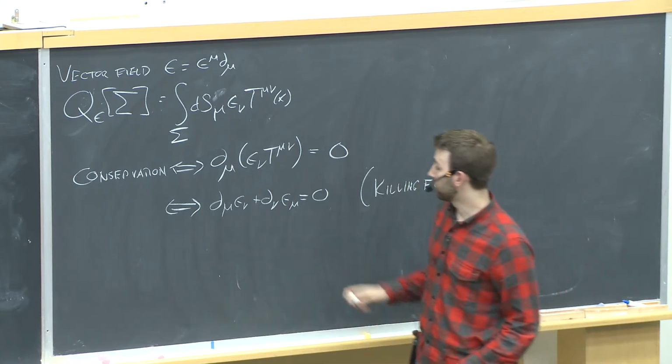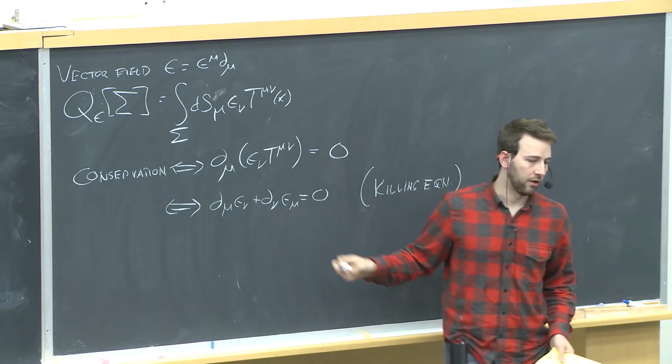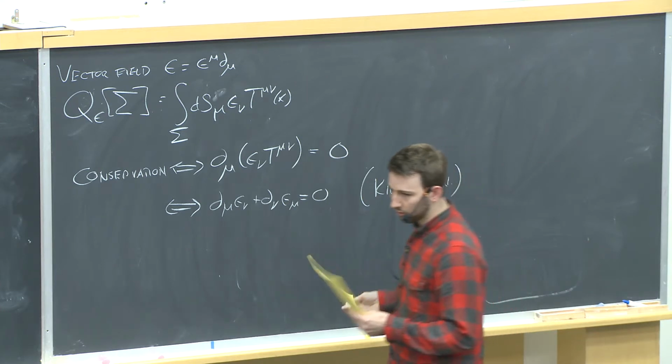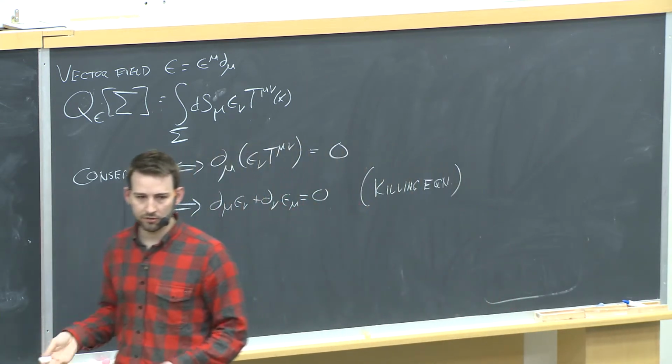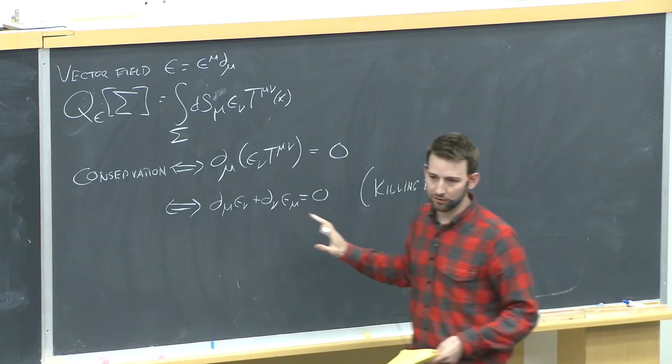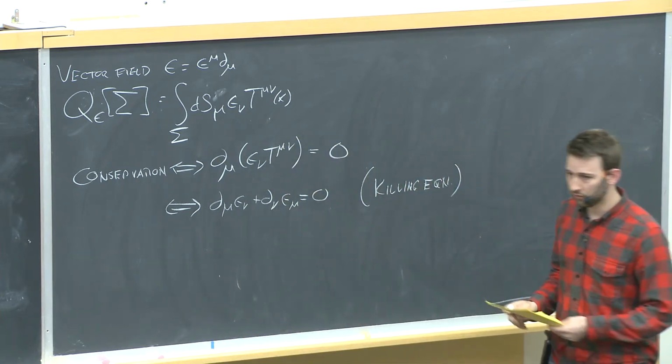So this tells me that if I choose my epsilon to be a Killing vector for my background, then I get a symmetry. This is something that you know. Killing vectors generate isometries, and isometries are symmetries, and those symmetries have conserved charges. This is just the sort of abstract version of those statements.